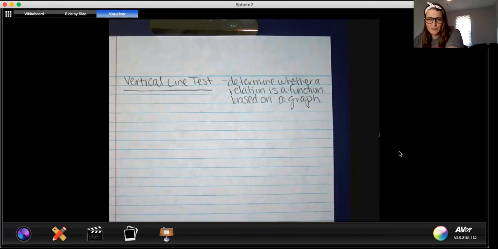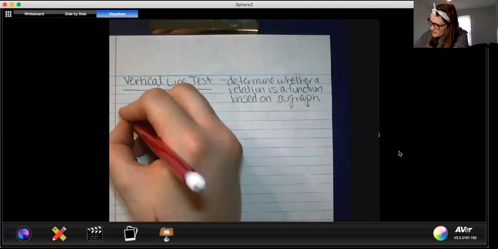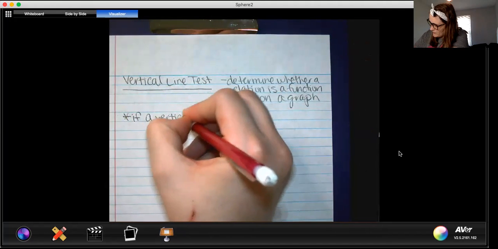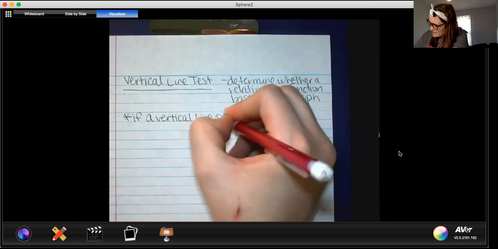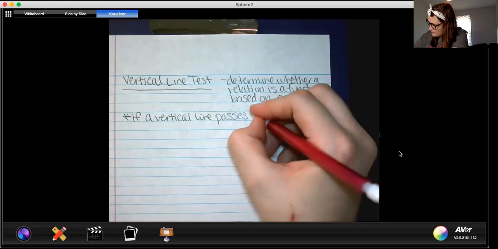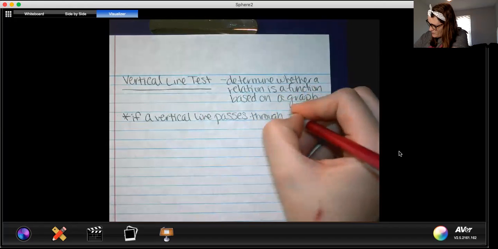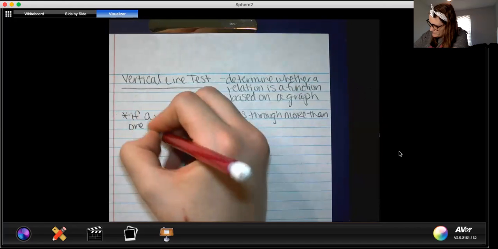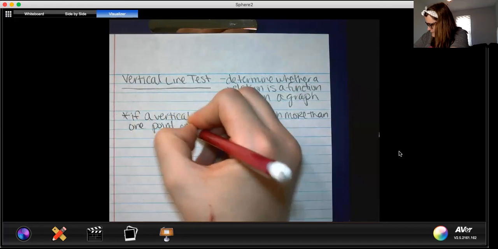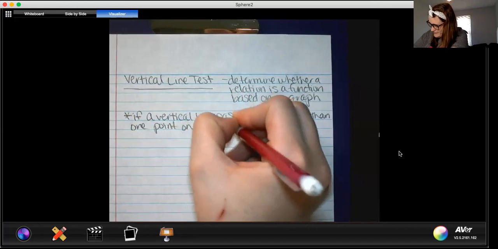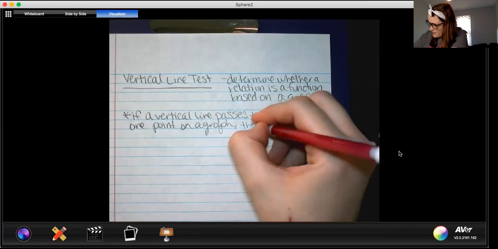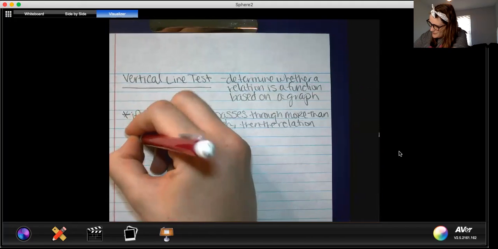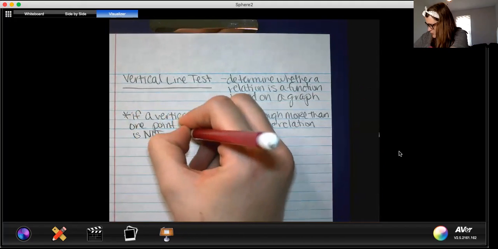Well, how does it determine it? Well, it determines it by if a vertical line passes through more than one point on a graph, then the relation is not a function.